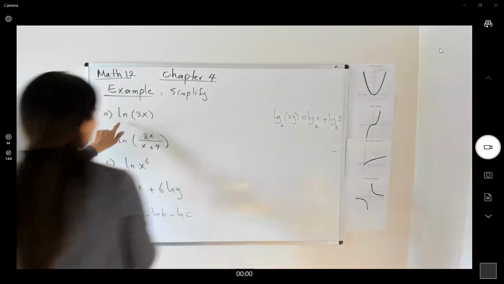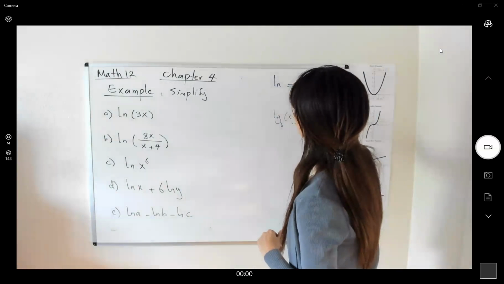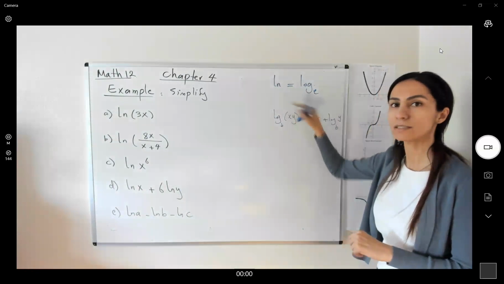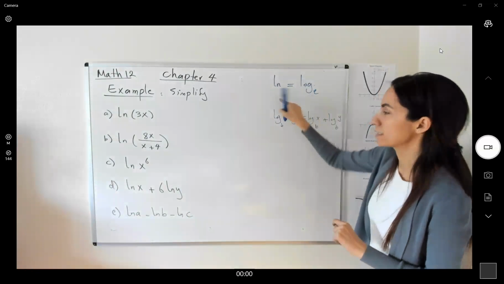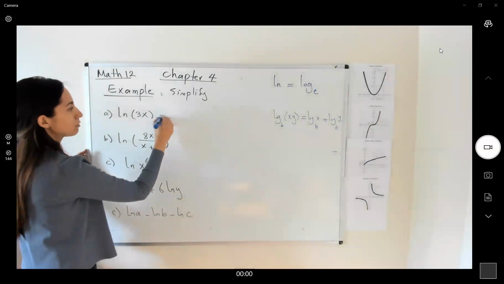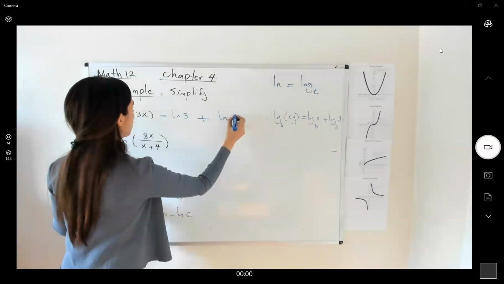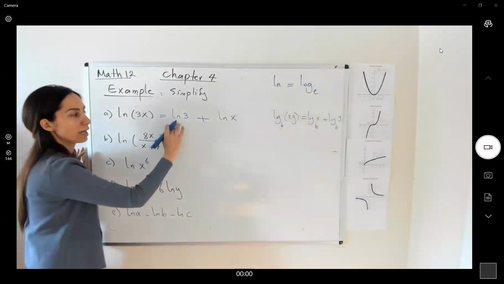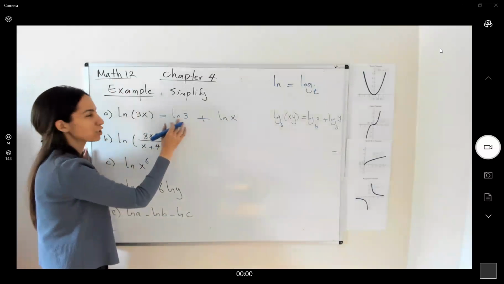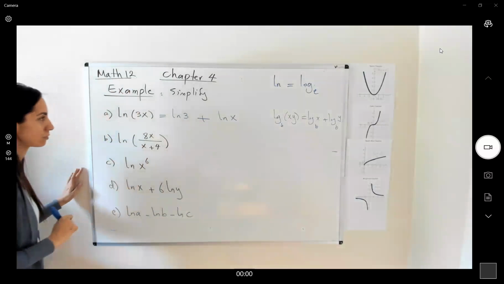Since we defined ln to be log with base e, it's the same function. The base is e. So we can apply the same property, which says ln of 3 plus ln of x. ln of 3 is just a number. You can use your calculator to calculate this number here.